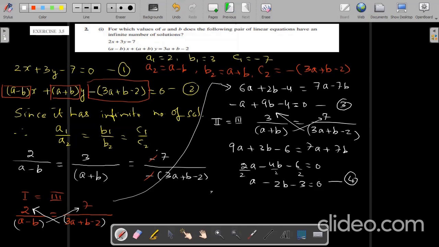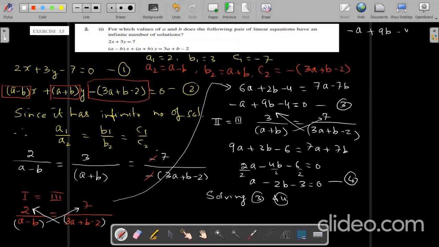Now solve the third and fourth equations by the cross multiplication method, the same method. I will write it here again so that it becomes easy for you to write the coefficients of a and b.